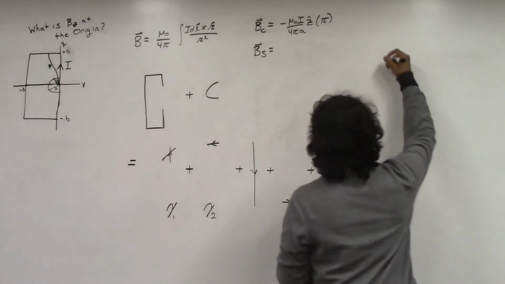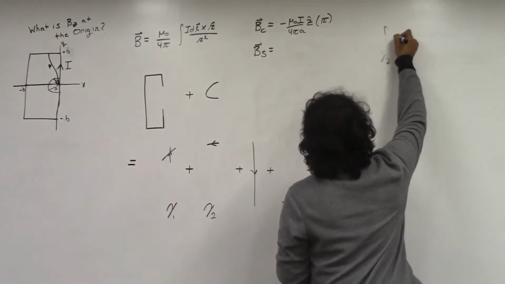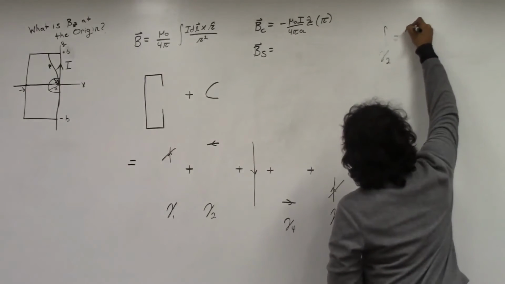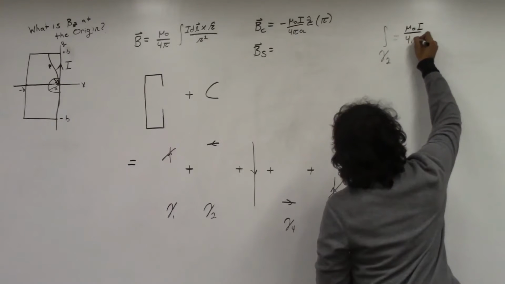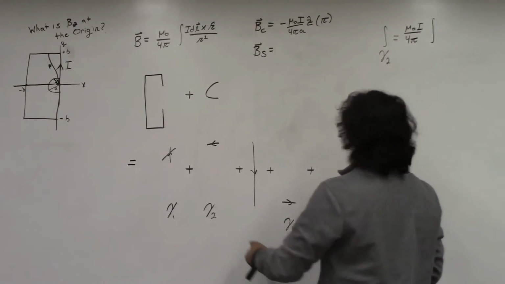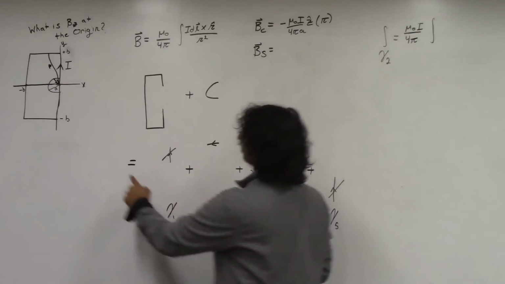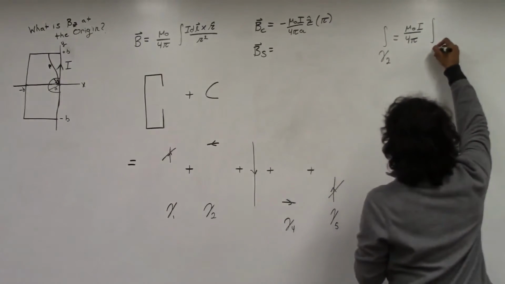So for gamma 2, this is going to be mu naught I over 4 pi times the integral. So for gamma 2, we're essentially starting from 0 all the way to negative b. So that's the first bound.